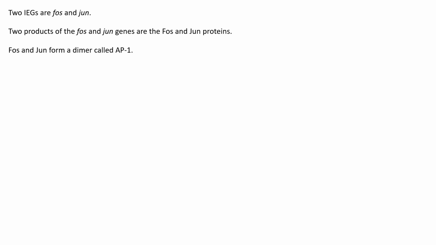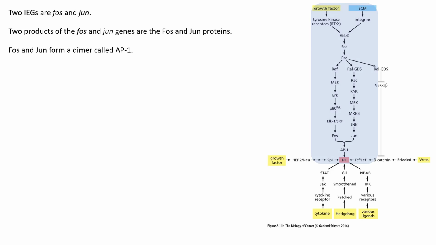Two IEGs are FOS and JUN. Two products of the FOS and JUN genes are the FOS and JUN proteins. FOS and JUN form a dimer called AP1. So if we look at these two pathways that are activated by RAS, you can see that here is FOS, there is JUN, and that leads to the activation of AP1 through dimerization of FOS and JUN.